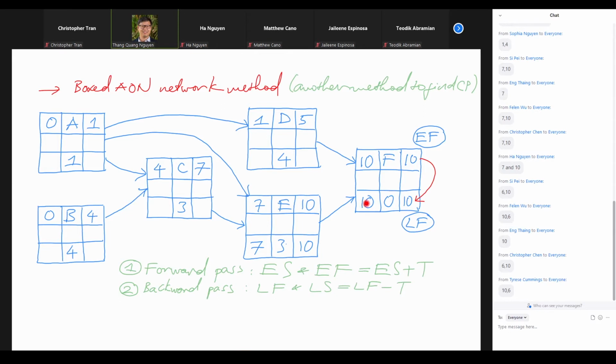Then D has to be done by 10. 9 is okay because it doesn't have a conflict with the 10. But here we try to find the latest date. So that's why we have to hit the limit, which is 10 right here. So we write the 10 here as the latest. And then we subtract 4, then we have 6. We subtract by 4 weeks, and we have 6.